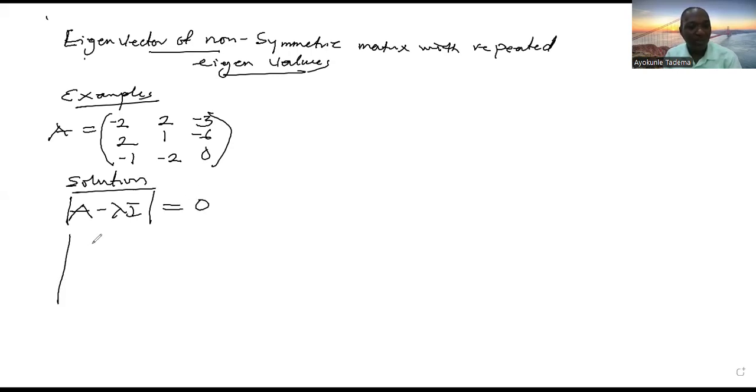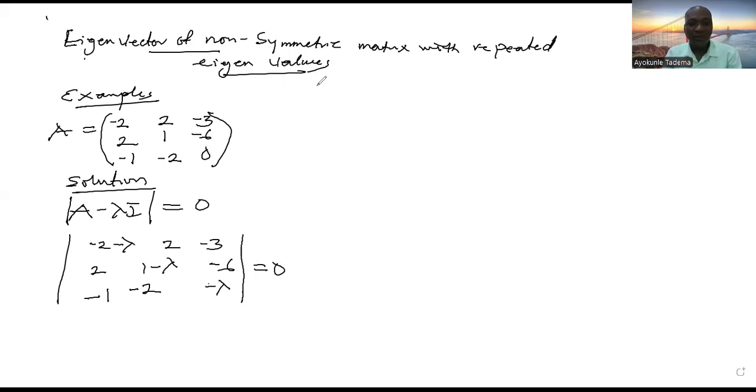When you simplify this, you have -2 minus lambda, 2, -3; 2, 1 minus lambda, -6; and -1, -2, 0 minus lambda. Everything equals 0. And you simplify this.